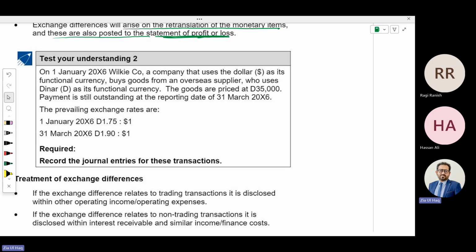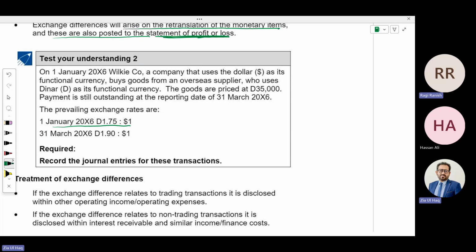The goods are priced at 35,000 dinar on 1st January, and the 1st January rate is 1.75 to $1. Again, a case of division as per the previous question.